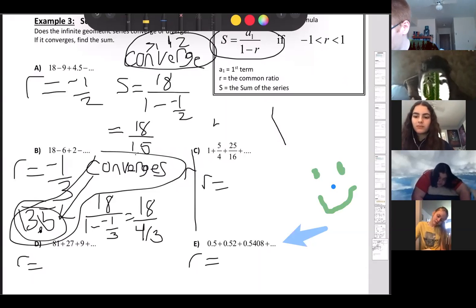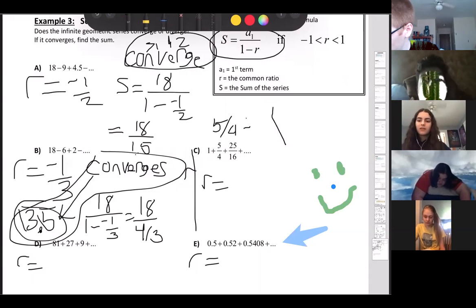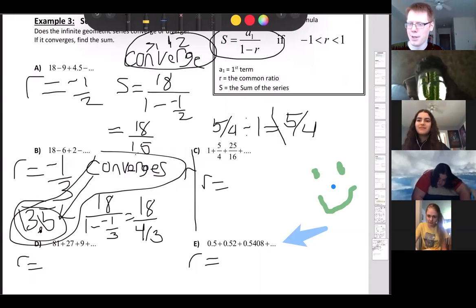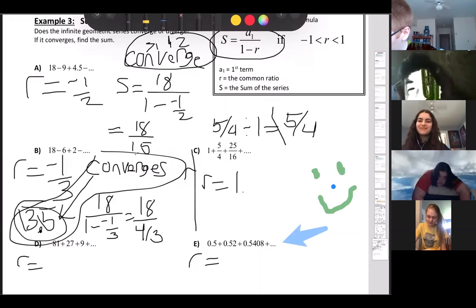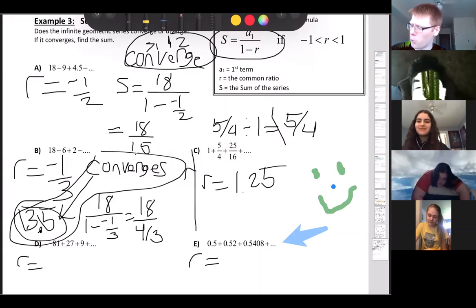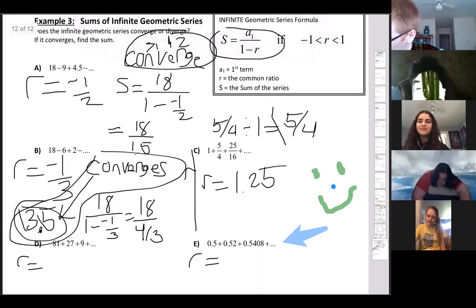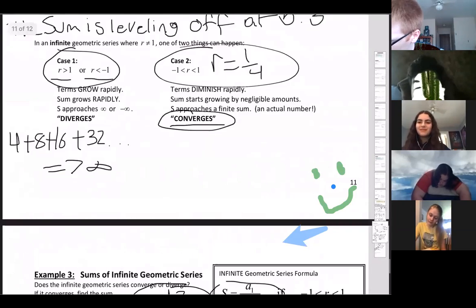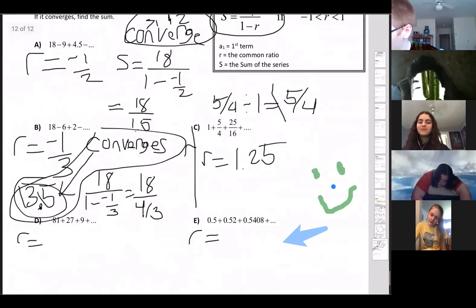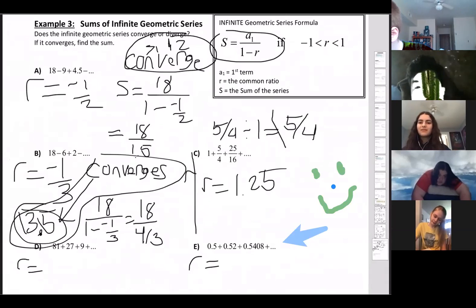So 5/4 divided by 1 is just 5/4, or 1.25. So the r value is 1.25, which is bigger than 1, so that's going to diverge. We're not going to find where it converges to, because it would go to infinity technically, but we say it diverges when that happens.